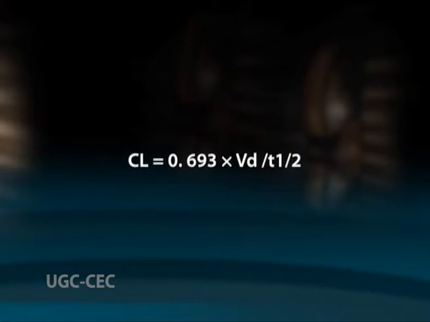CL is equal to 0.693 times Vd divided by T half, where T half is the elimination half-life. Vd is the apparent volume of distribution and 0.693 is the natural log constant. Drug half-life is often used as a measure of drug CL because for many drugs Vd is a constant.